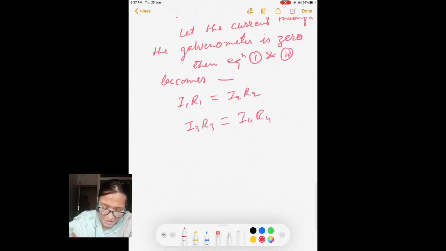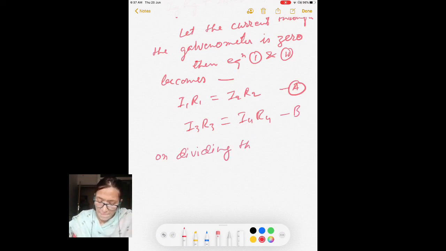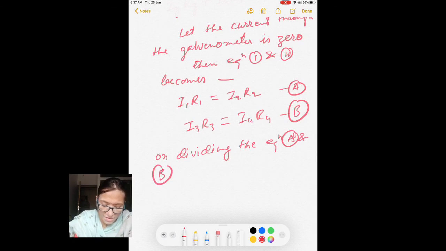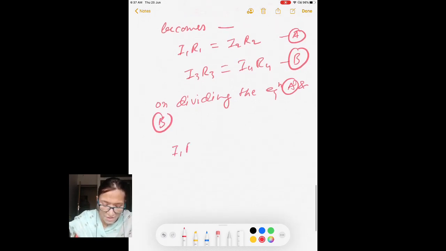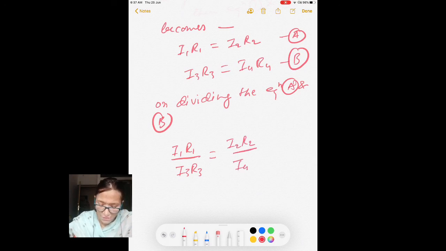Now on dividing the two, A and B, we get that I1 R1 by I3 R3 is equal to I2 R2 upon I4 R4.